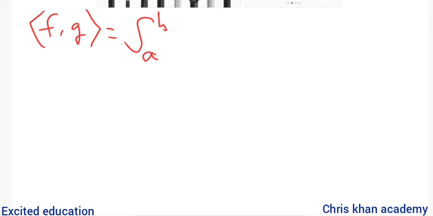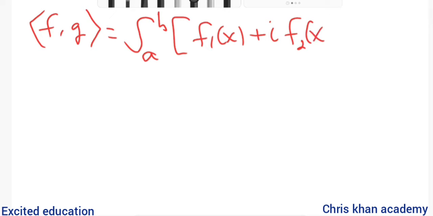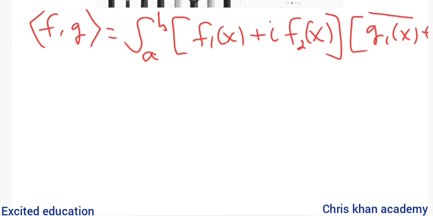the integral from A to B, where the interval is given as C, of f1(x) plus i f2(x), times g1(x) plus i g2(x), but that part, g1(x) plus i g2(x), is conjugated.